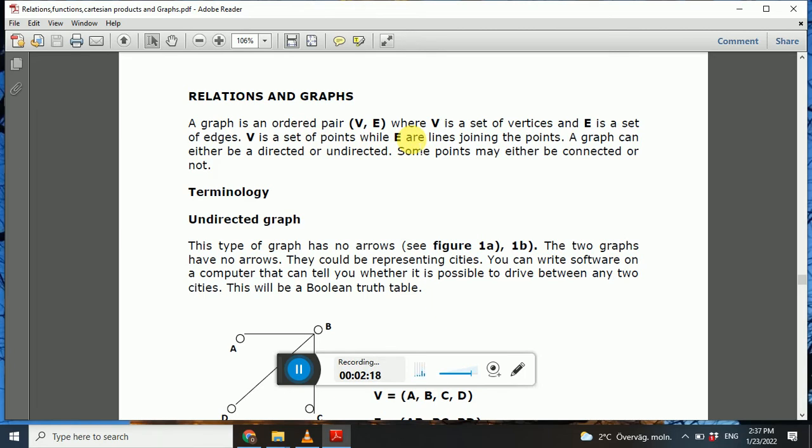So for a graph, you have a set of vertices and a set of edges. Those two sets, when you put them together, form what we are calling a graph. So when they ask you to define a graph, you just say it's an ordered pair (V, E), and then you tell us what V is and what capital E is.